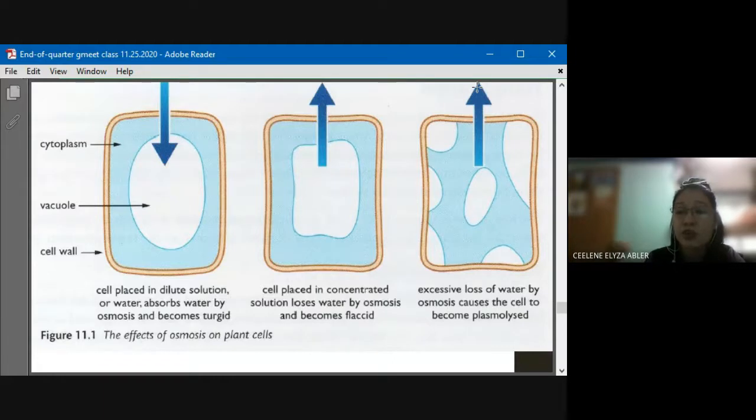Although osmosis is described in tonicity, it's actually dependent on the amount of your solutes. So this will be your hypotonic solution inside, and hypertonic outside.